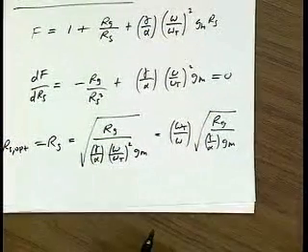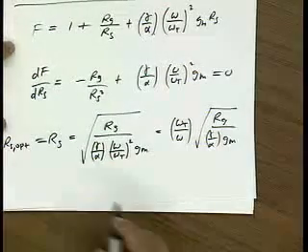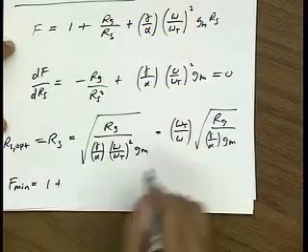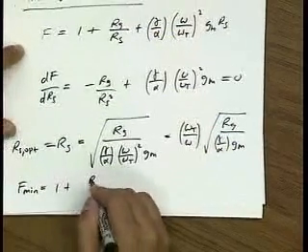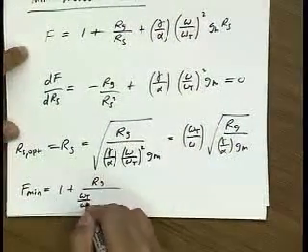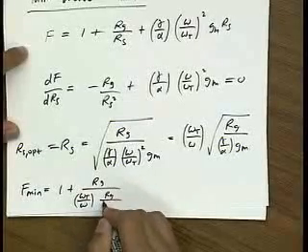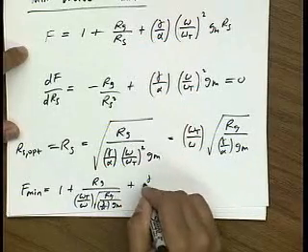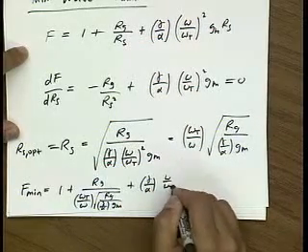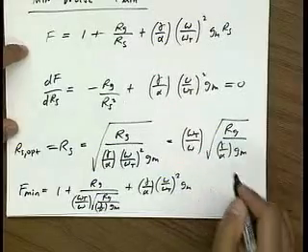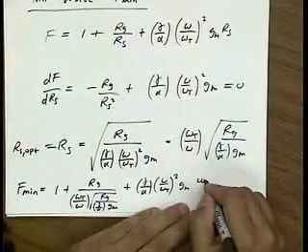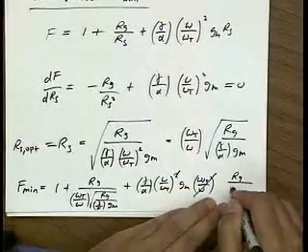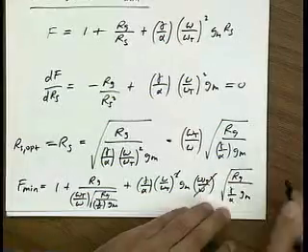And now I just substitute this into F to find F min. So F min is 1 plus RG divided by this, plus gamma over alpha, omega over omega t, GM times this expression, omega t over omega. So this cancels out with that, RG gamma over alpha GM. Okay?